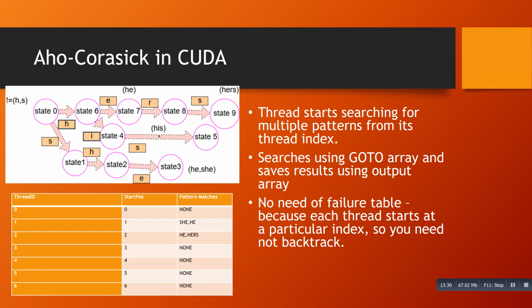So we do not need a failure table that tells us to go to a position and start the search if the character does not match the characters present at that state. So we avoided the failure table.